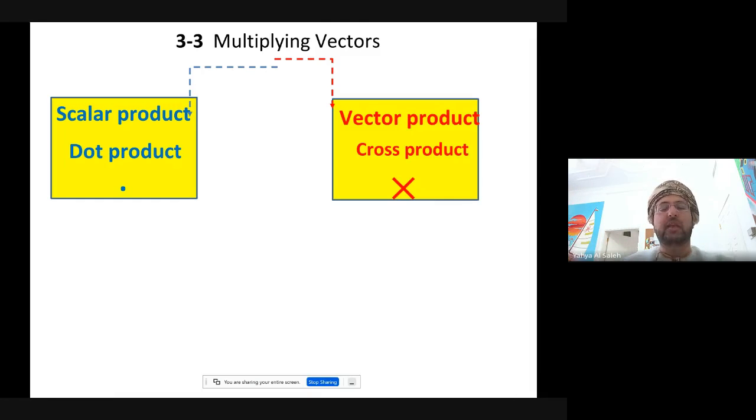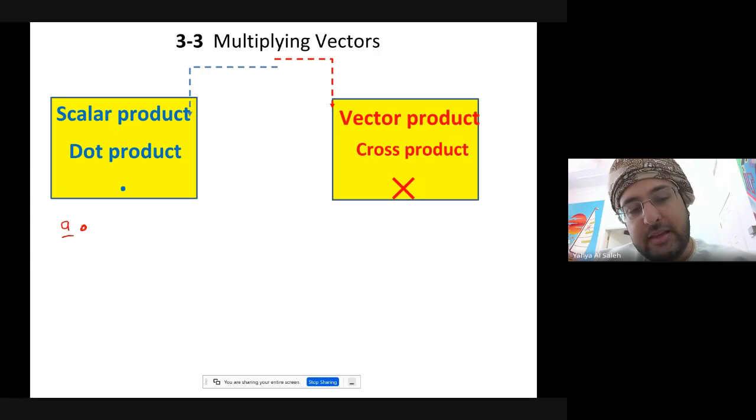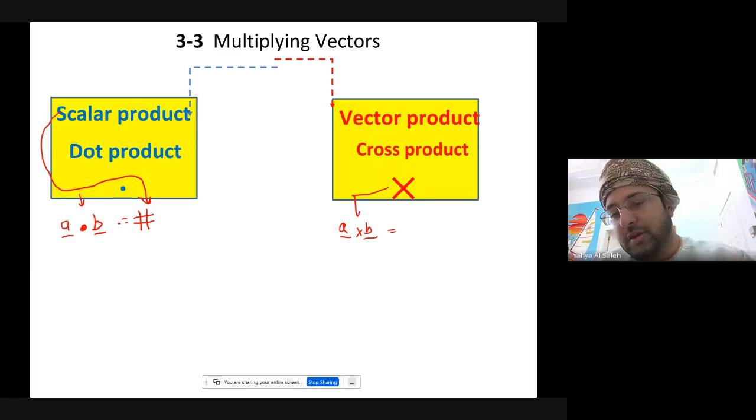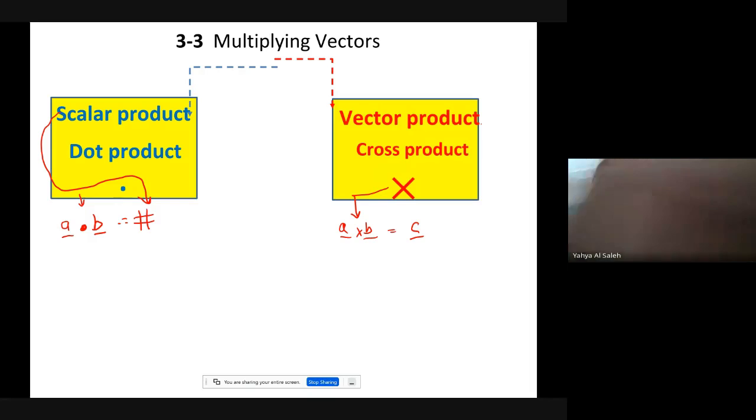The dot product is called the scalar product because when you multiply two vectors using the dot product, your answer is actually a scalar, just a number, no longer a vector. But if you multiply the same two vectors using the cross product, called cross because of the cross, your result is actually another vector.